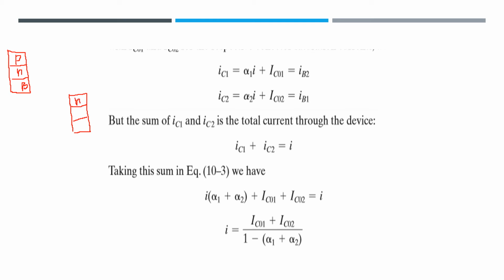Here it is N, this is P, this is N, and from the base of this transistor we have connected here.